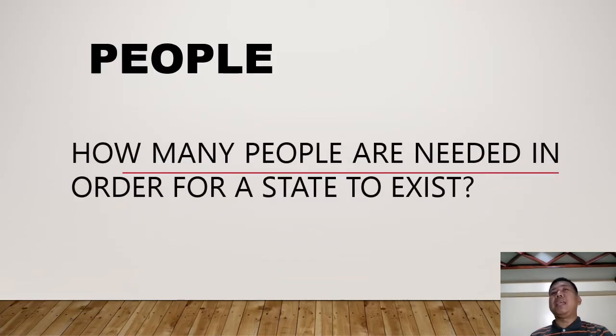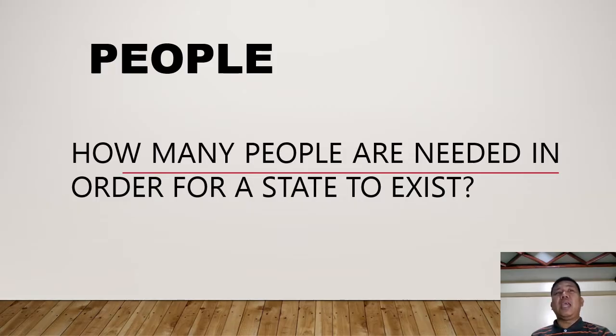Maybe you are asking how many people are needed in order for a state to exist. If you are going to go back to the definition of what a state is, the first phrase there says more or less numerous. So there is no exact number of people required in order for a state to exist.